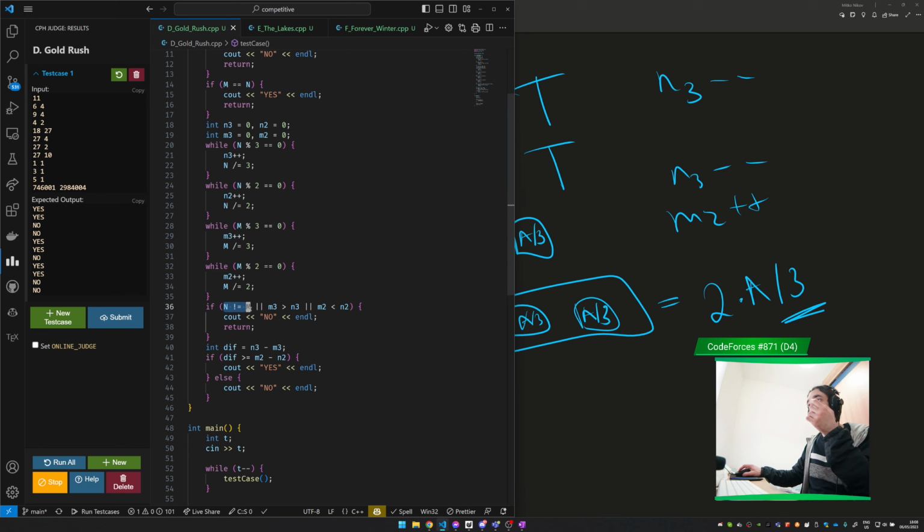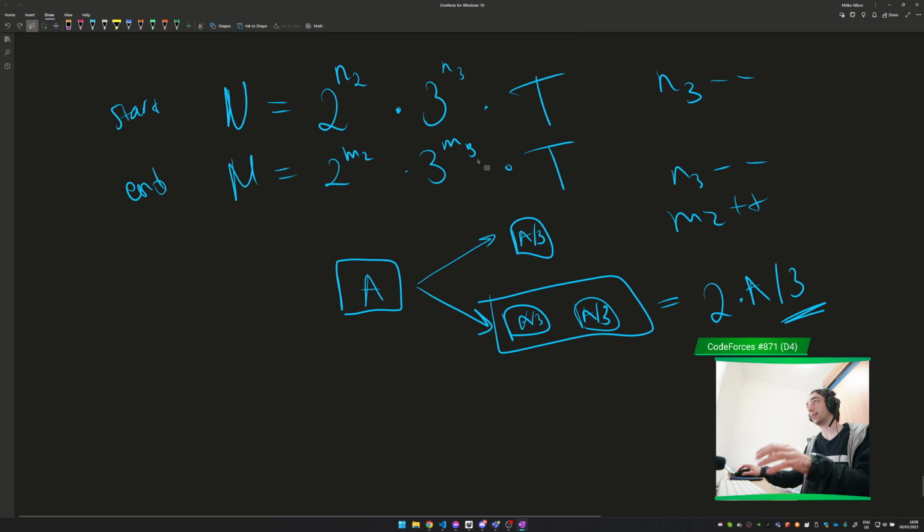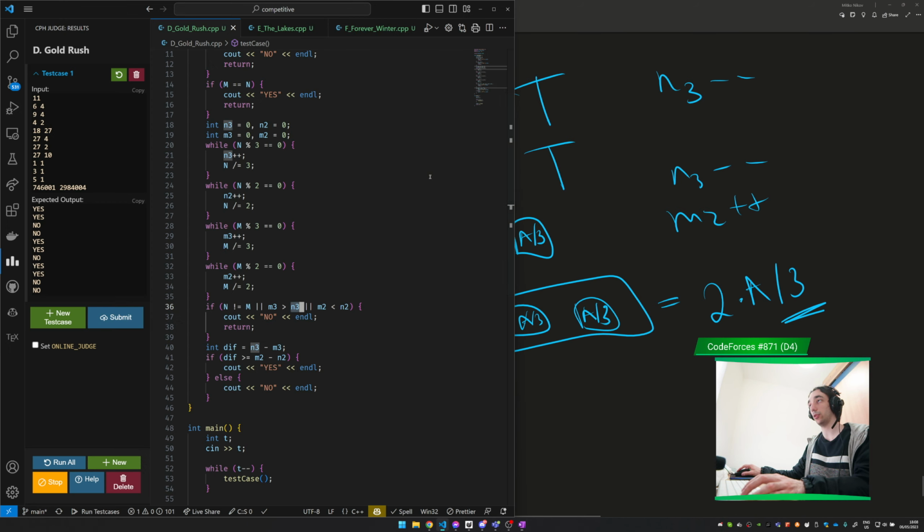And if the remainder is not equal, the answer is no. There are also two other cases where it's no: you can't have m3 bigger than n3, because 3 can never be increased, it can only be decreased.